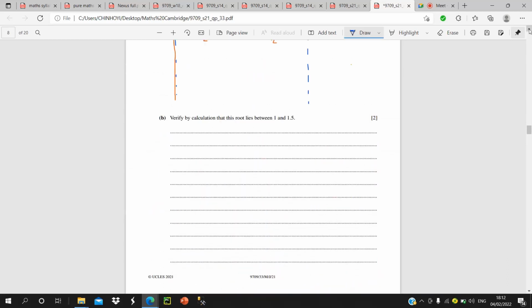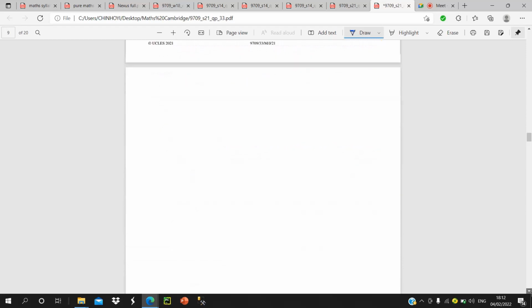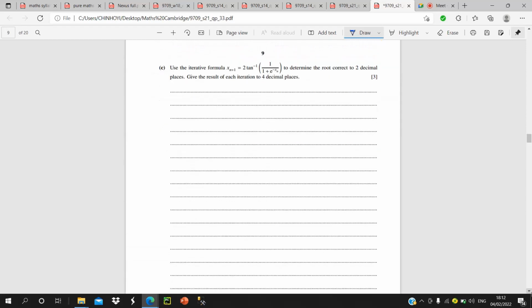Oh, okay, between 1 and 1.5. Okay, fine. We said it will be our appropriate first approximation. Then you iterate it to 1.34. Okay, so C. In each case, you are giving it to 4 decimal places, right? Yes.